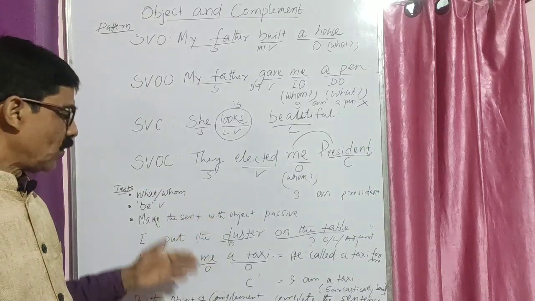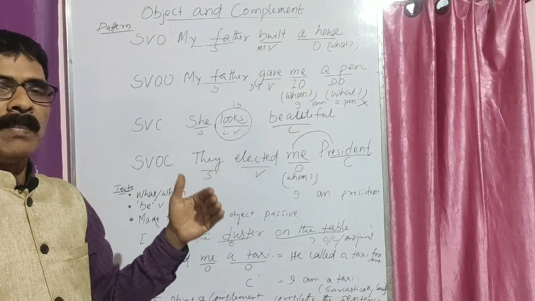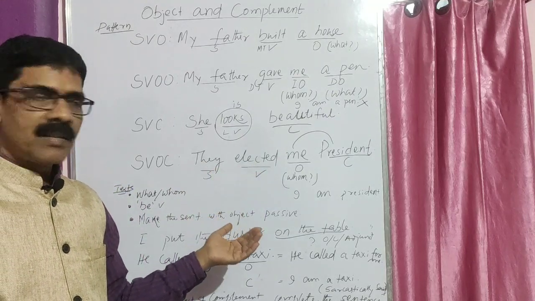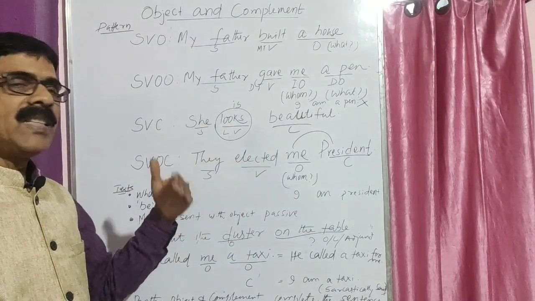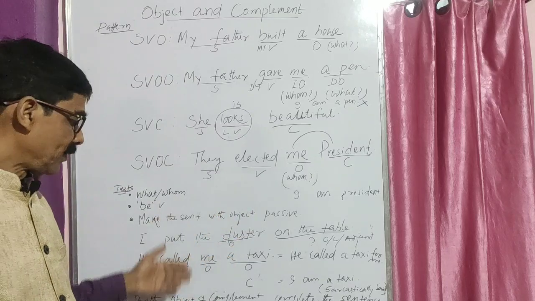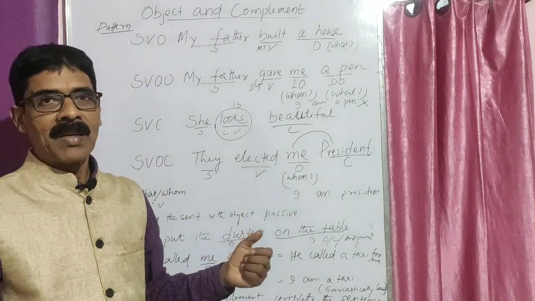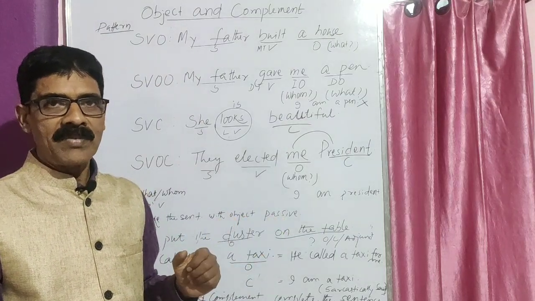So it shows that the complements and objects both complete the meaning of the verb by completing this sentence. In that sense, we can say all the objects are complements, but all the complements are not objects.